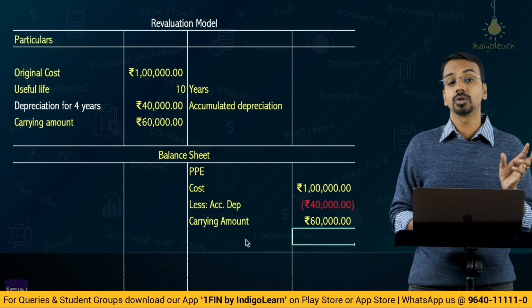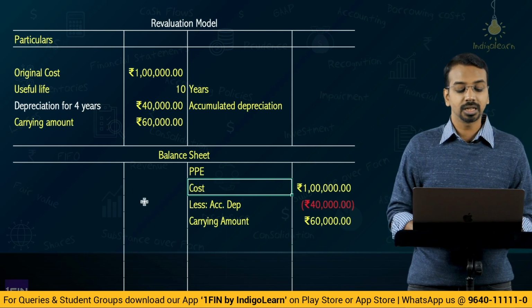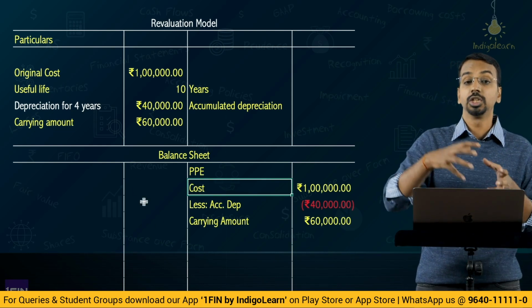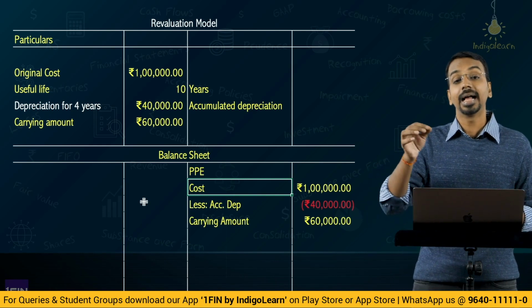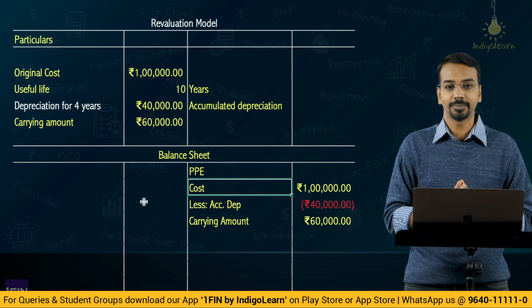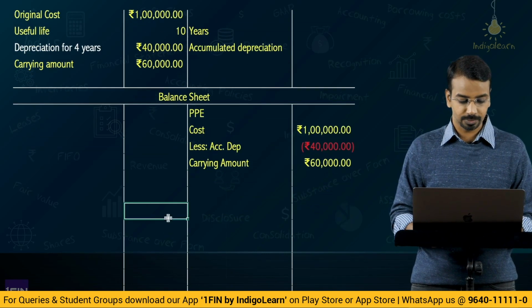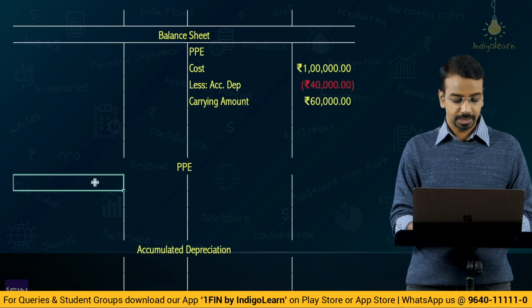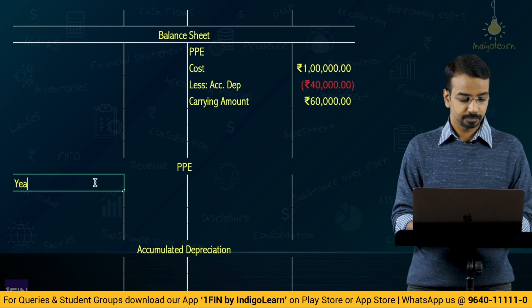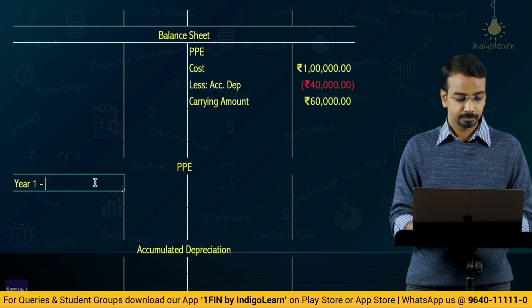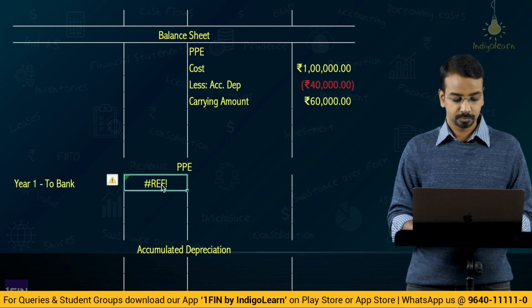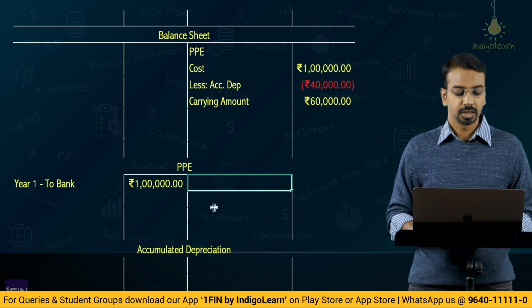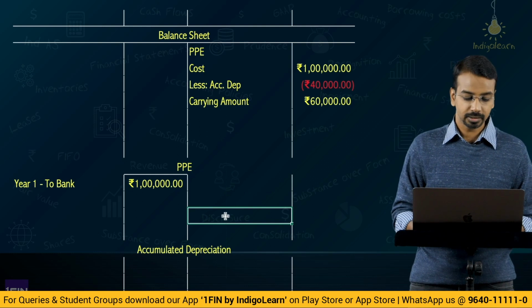Now, in the books of accounts also, you will have a separate ledger for the cost of the machine. You will carry the machinery at cost in a separate ledger, and accumulated depreciation will be in a separate ledger. So, how it would appear is, the PPE would appear in year 1, you would have passed the entry to, let us say, bank 1 lakh, right?